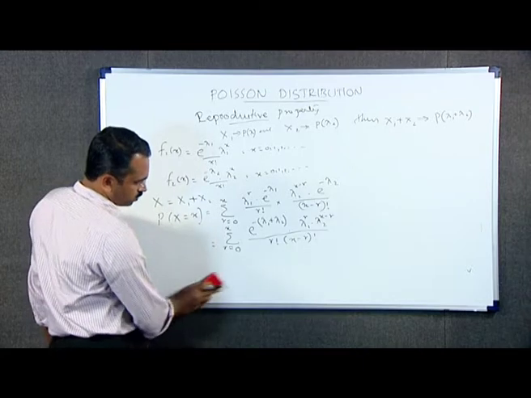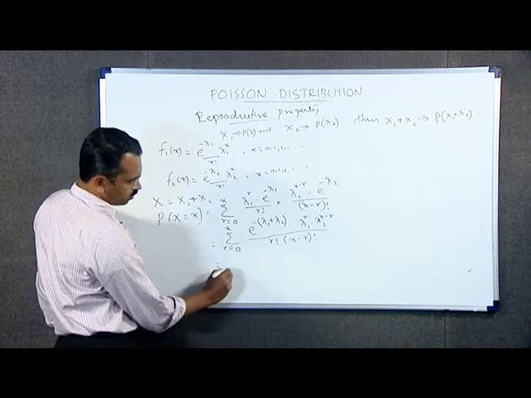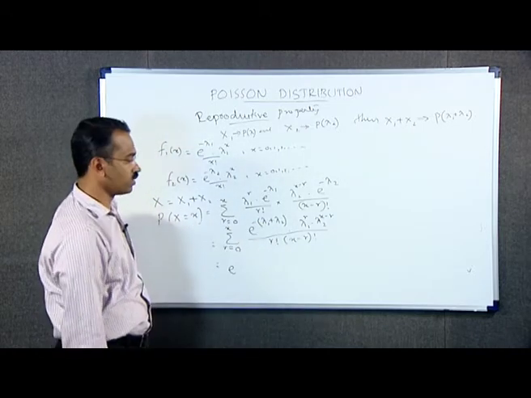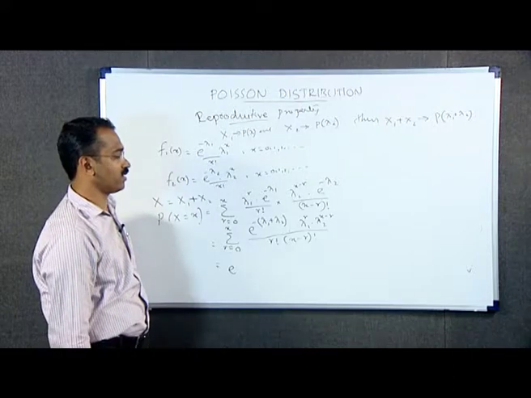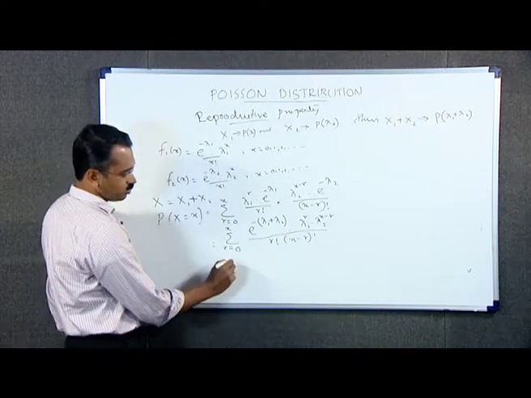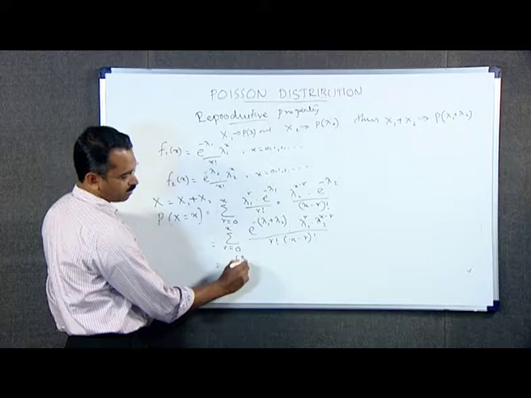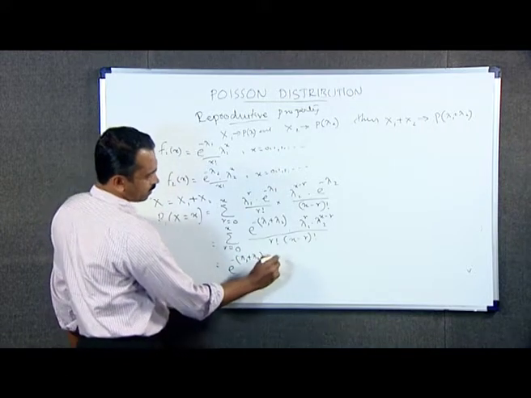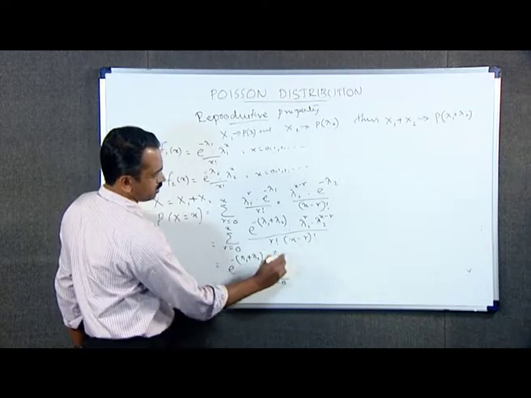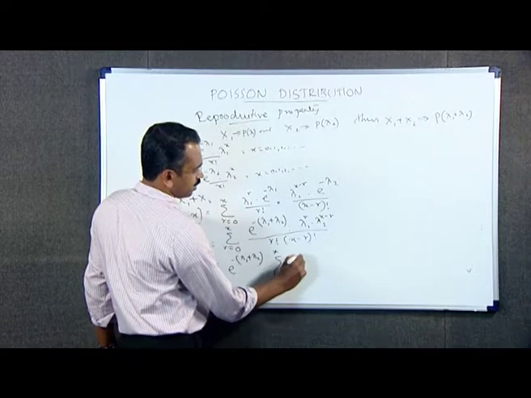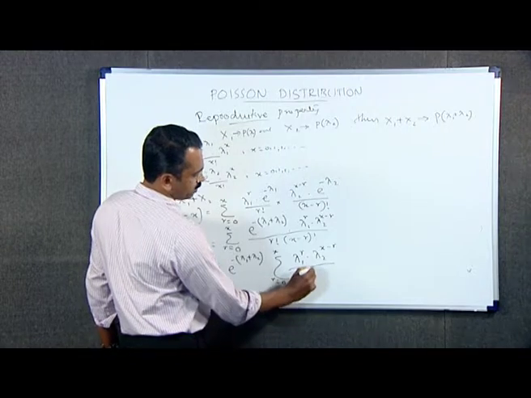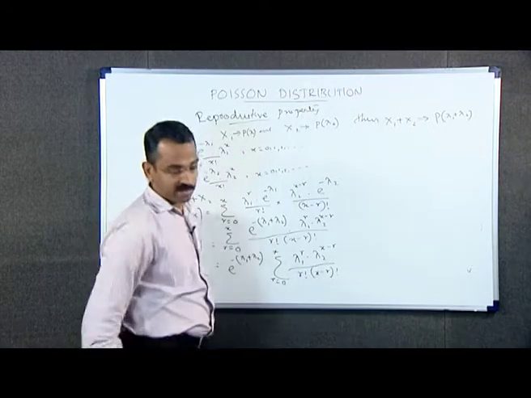Here the summation is over r, therefore e raised to minus of lambda 1 plus lambda 2 can be kept as a constant, because this is independent of r. Therefore, this is equal to e raised to minus of lambda 1 plus lambda 2 into the summation r varies from 0 to x, lambda 1 raised to r into lambda 2 raised to x minus r divided by r factorial into x minus r factorial.